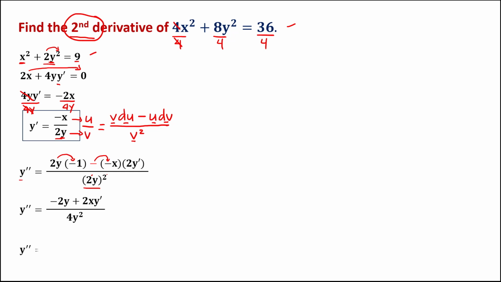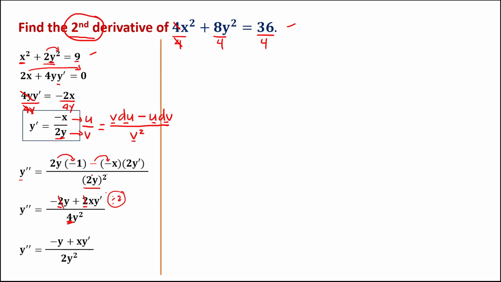Observe that every term is divisible by 2. So divide by 2: this becomes negative y. Then divide by 2, we have xy prime. Divide by 2, this becomes 2y squared.